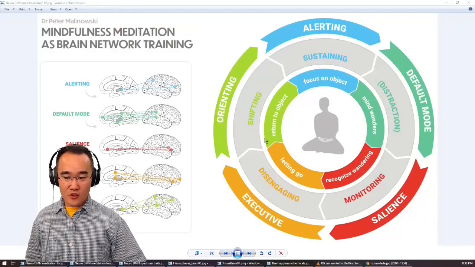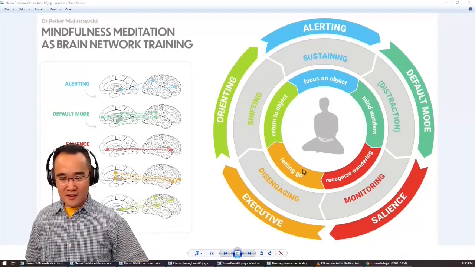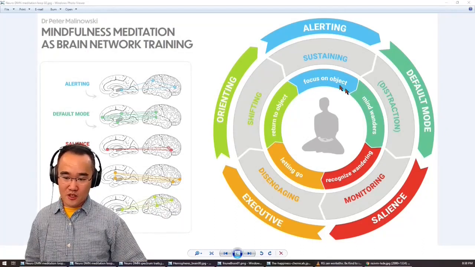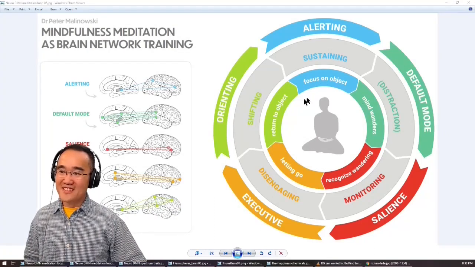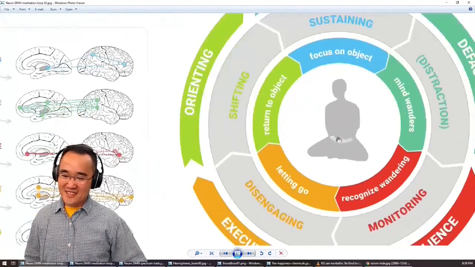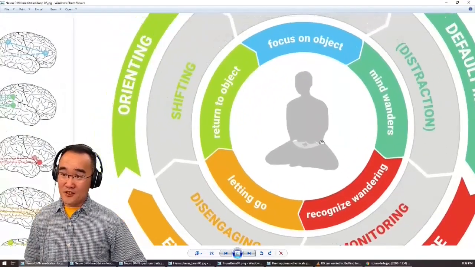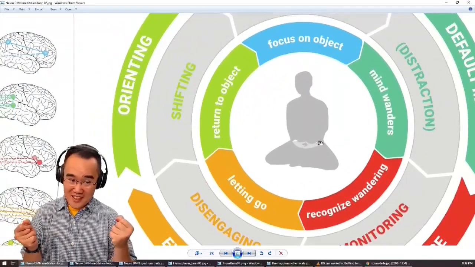If you try to meditate and you're working on letting go and returning to your object, the goal is to do all this smoothly. How many meditators do you see that go, I must stay focused?